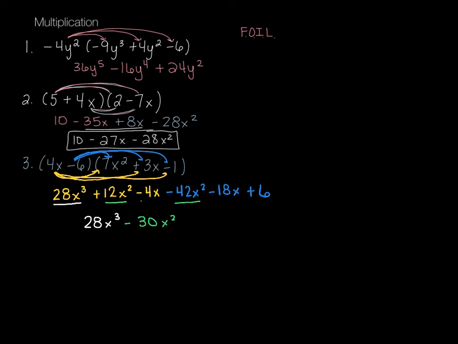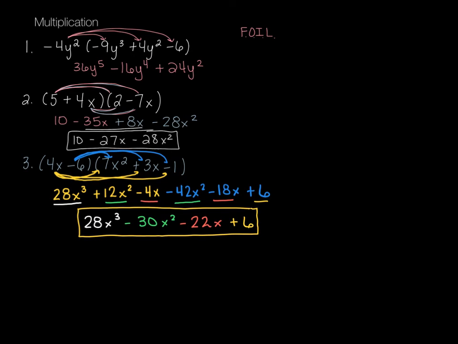And then I have a negative 4x and a negative 18x that I can combine to be negative 22x. And then finally, I just have this one constant, plus 6. So my final answer is 28x cubed minus 30x squared minus 22x plus 6.